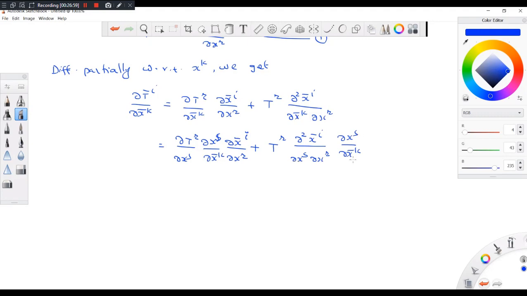So I used the chain rule in both cases, here also chain rule, and here also chain rule.